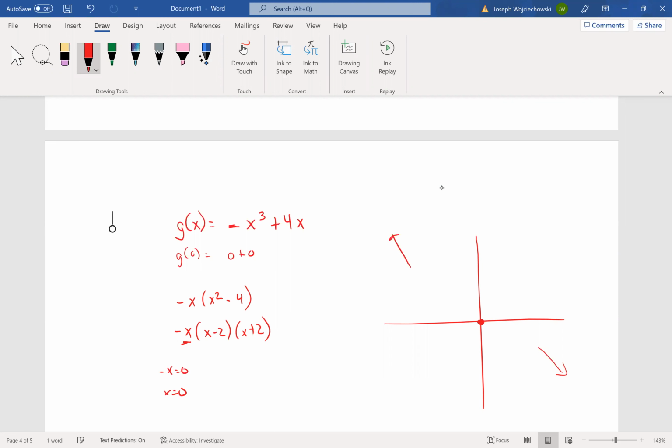That's this one here. x minus 2 equals 0, x equals 2, multiplicity 1. That's this one here. And then we have x plus 2 equals 0, x equals negative 2, multiplicity 1. This here. Now, we know they're all crossing points because the multiplicity is 1.